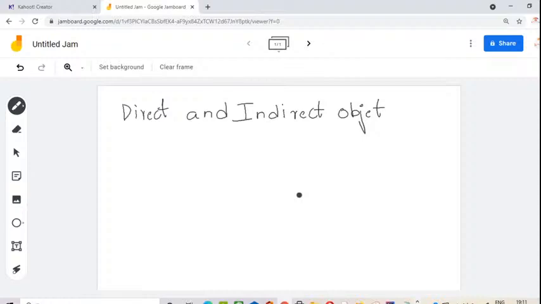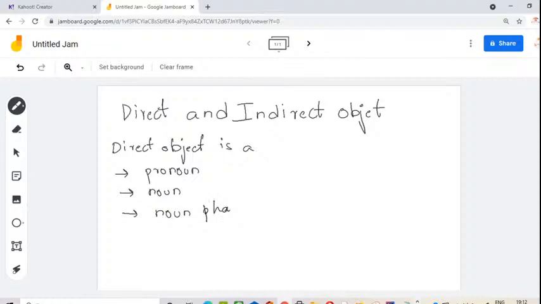For the direct object: a direct object can be a pronoun, a noun, or a noun phrase that receives the action of the verb.